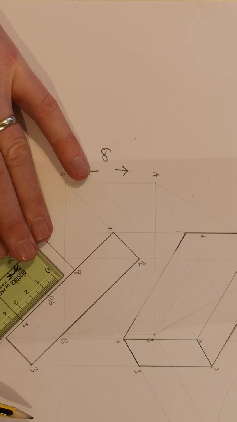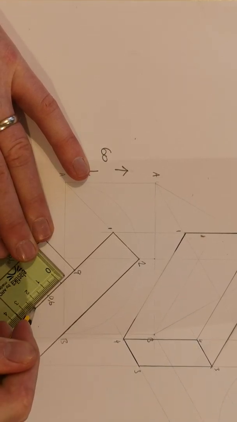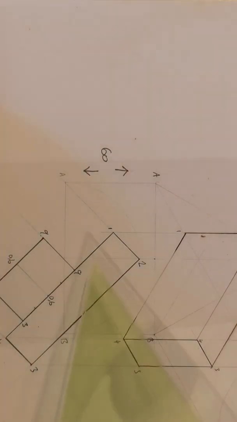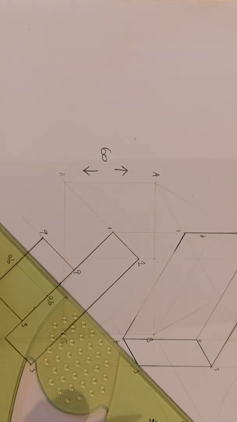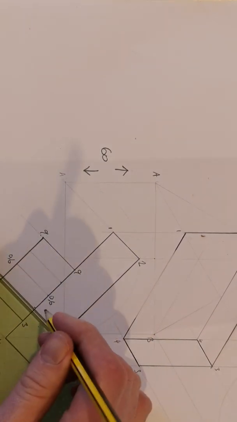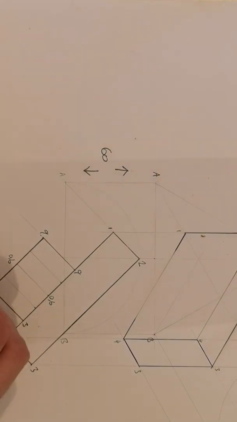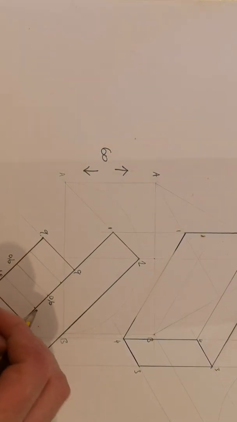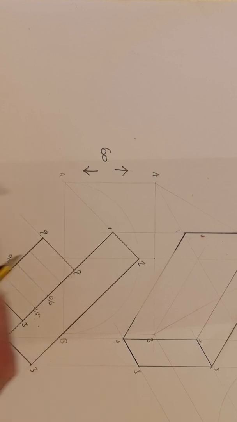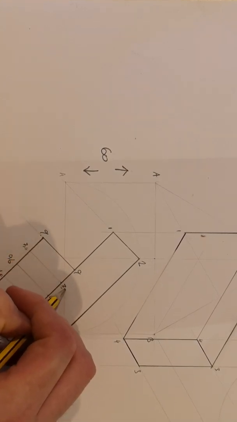I'm going to mark out 12mm to the left of the center and to the right. There's light lines. Okay, so that's 1, 5, 1, 5. This is 7, 11, 7, 11.